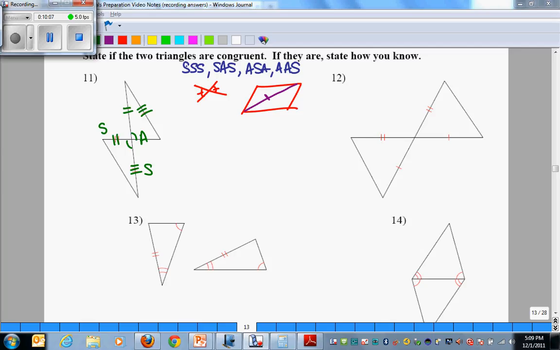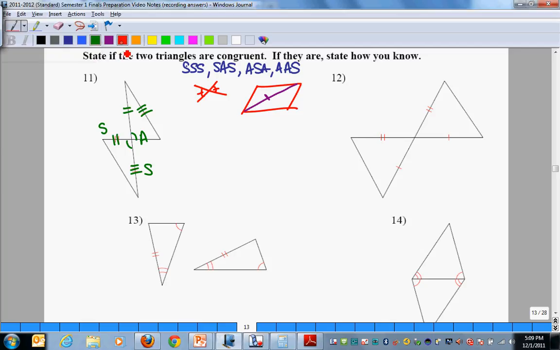And if you look very closely, this angle is not sandwiched between the sides. It's not right there. So this cannot be angle, side, angle. Instead, what we have going on here technically is two pairs of sides and then an angle. And this does not work. The triangles are not congruent if it is side, side, angle. Here is an illustration.